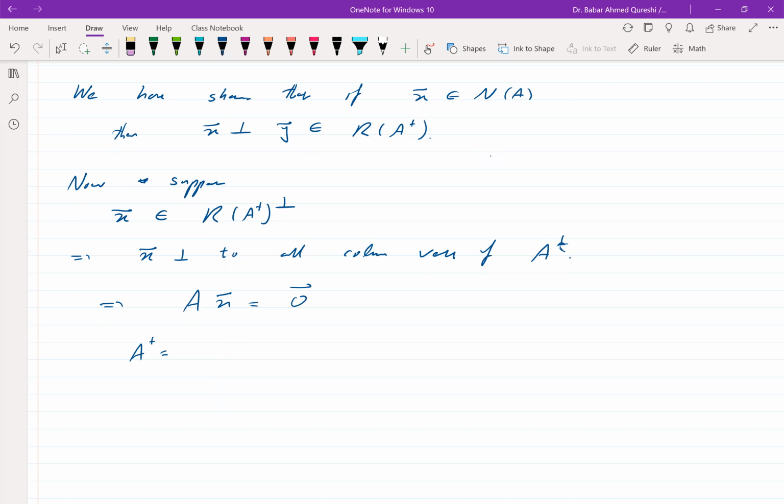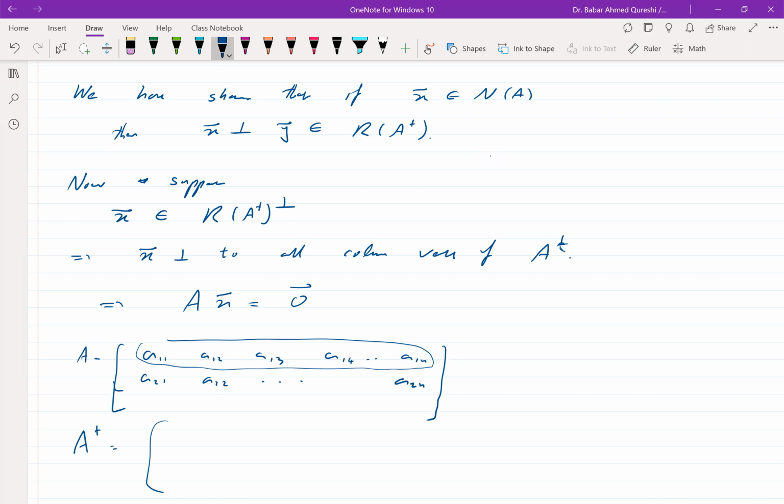What are the column vectors of A transpose? So A is of this form: A11, A12, A13, A14, up to A1n. These are the rows. But when I make A transpose, then the column vectors are exactly these rows.